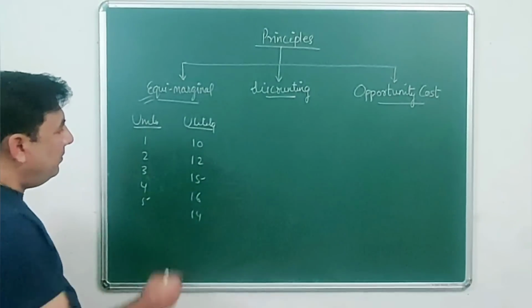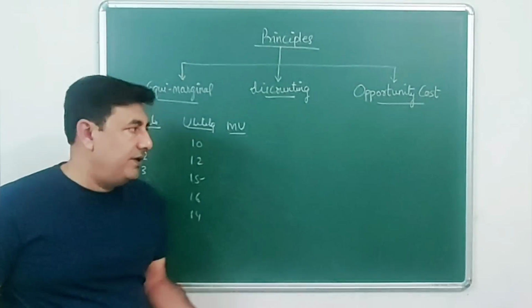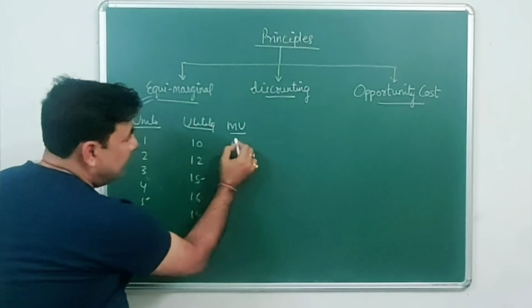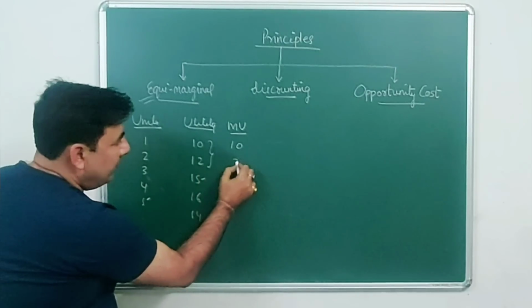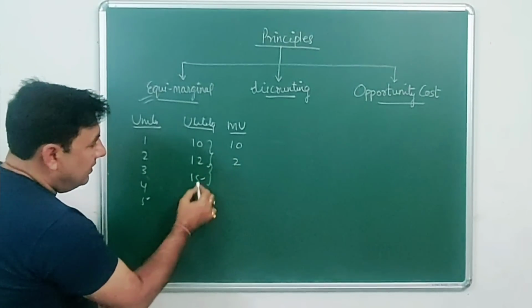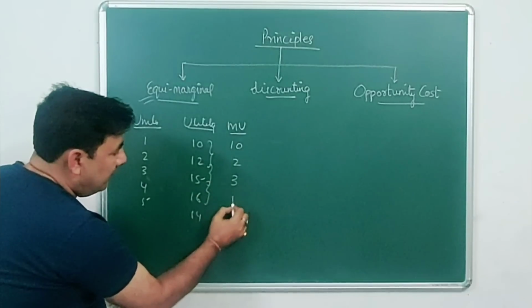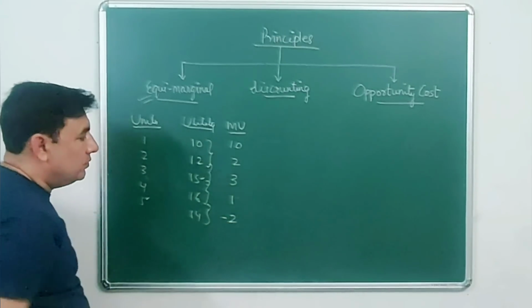So now from here we can get MU. MU means marginal utility. So what will be the marginal utility here? For the first unit it should be 10. For the second unit, subtract: 12 minus 10 you get 2. For the third, 15 minus 12 you get 3, and here you get 1, and here you get minus 2.